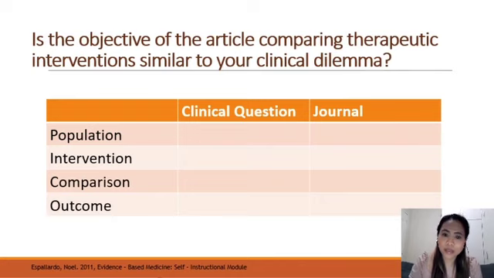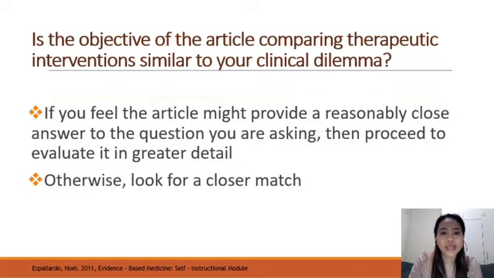To determine this, we just need to compare the PICO of our clinical question with that of the journal article. If the answer is yes, then we could continue the appraisal. Otherwise, we should look for another paper that will answer our clinical question.